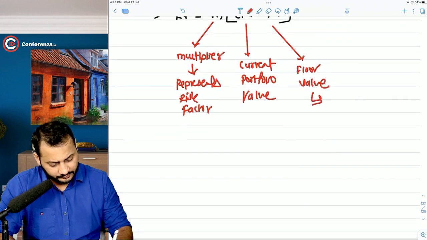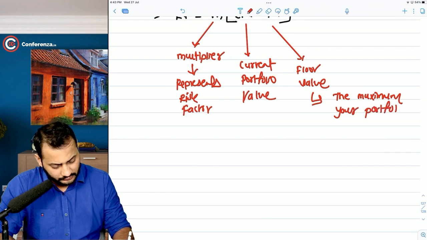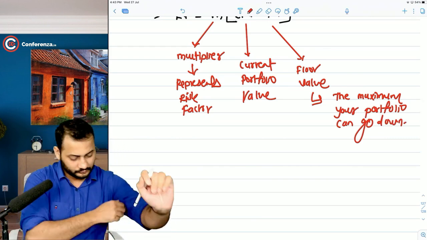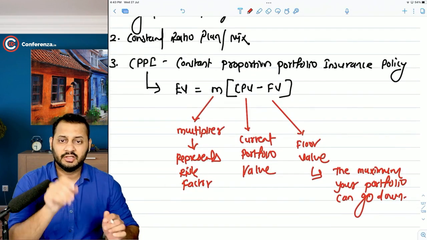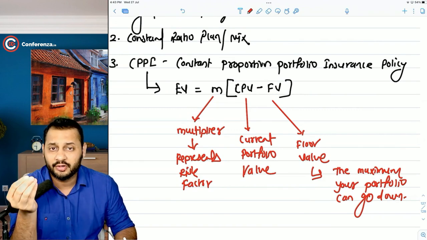It means the maximum your portfolio can go down. So this should be the equity value in your portfolio at all points of time.